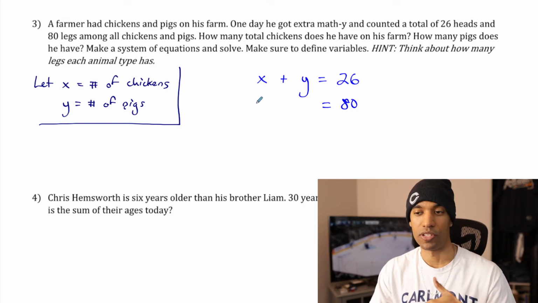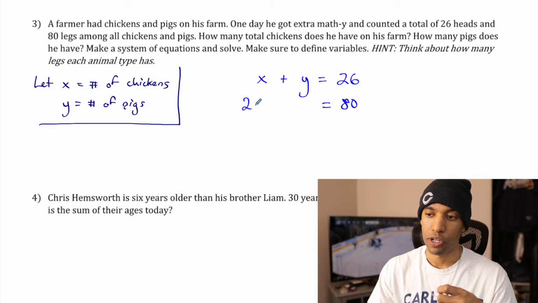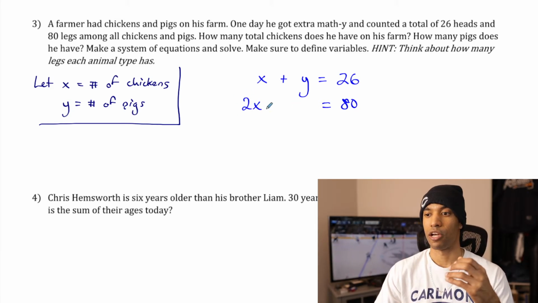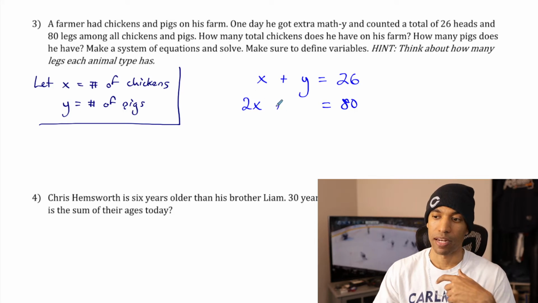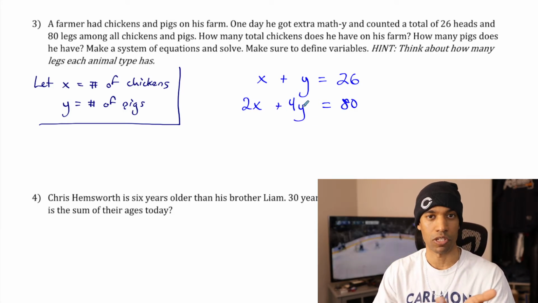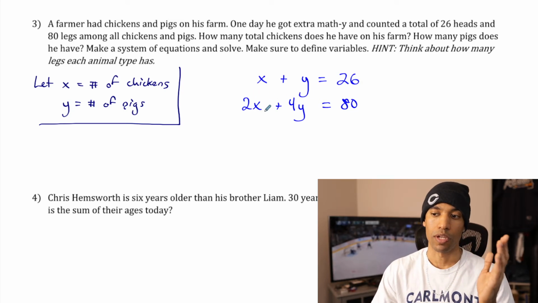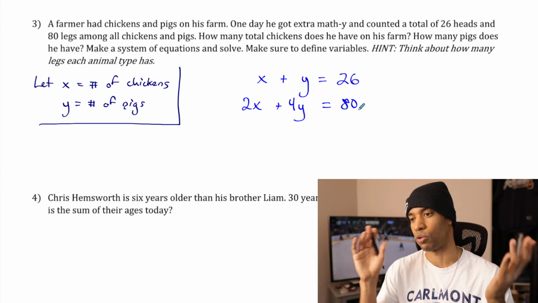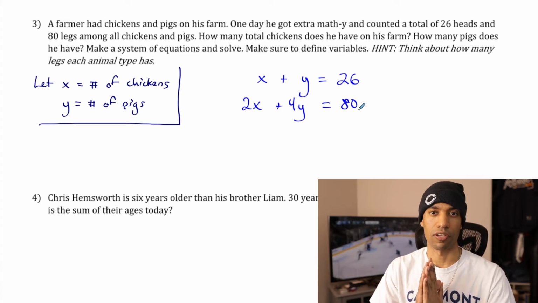That doesn't mean 2 plus 4 is 80. You take 2 legs per chicken times the number of chickens, and this is all the legs that you have for all the chickens. When you combine it with all the pig legs total, 4 legs per pig times the number of pigs there are, you get all the legs from all the pigs. When you combine all the legs from chickens and all the legs from pigs, you get all the legs that there are, 80 legs total. And this can get us our system of equations.